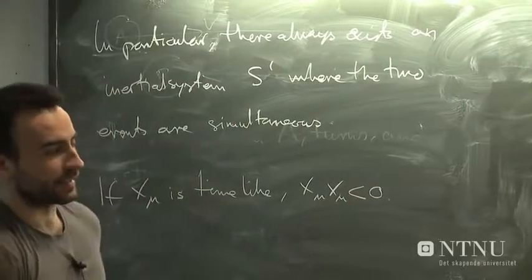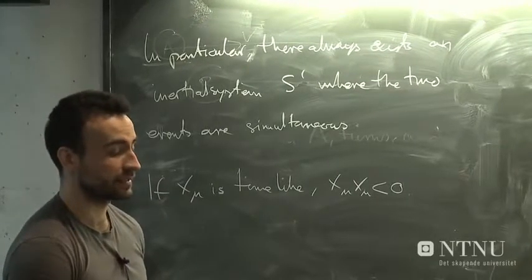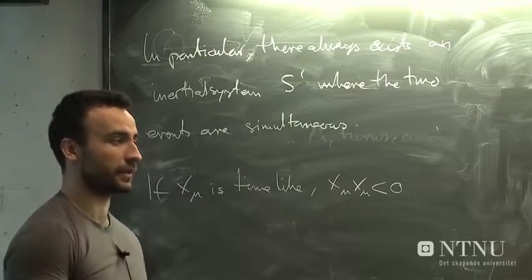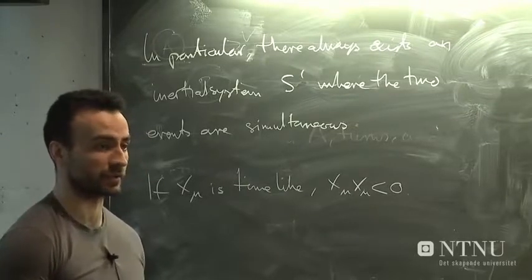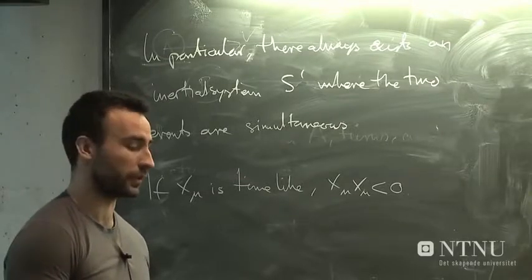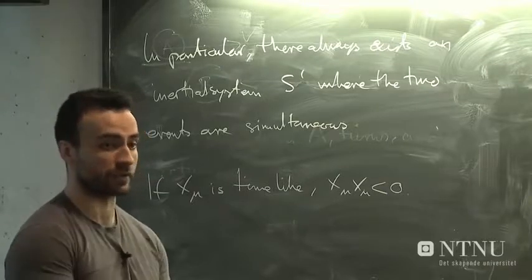So space-like separation of two events seems a bit scary, because it means that we can't actually say with 100% certainty which event occurs before the other. We can't say anything about cause and effect, because what looks like it happens before the other event in one system could be reversed in another system.